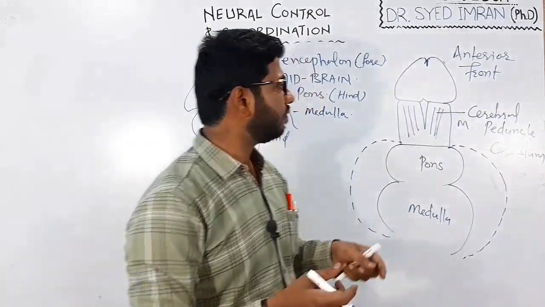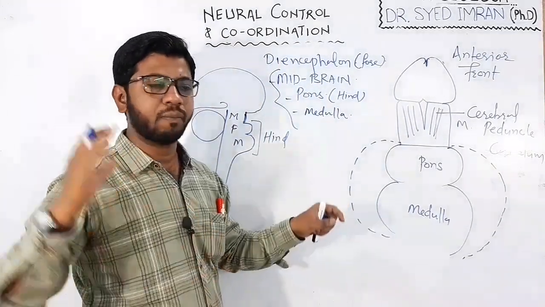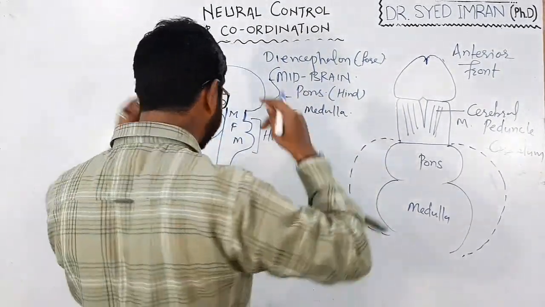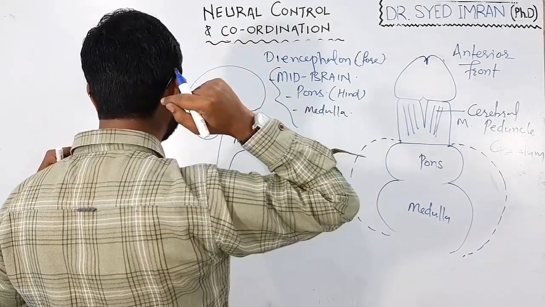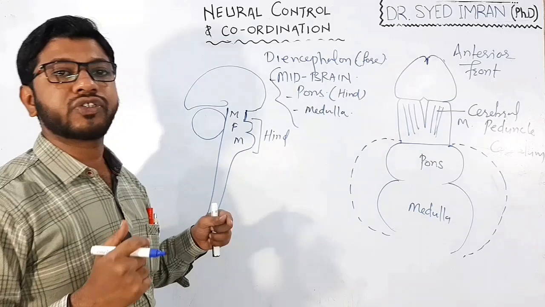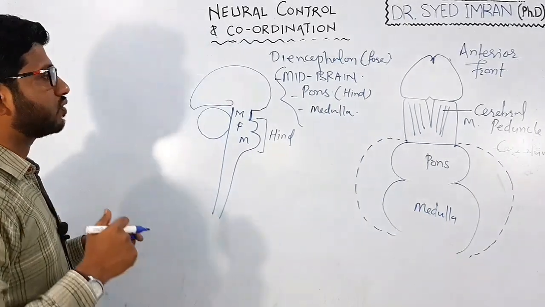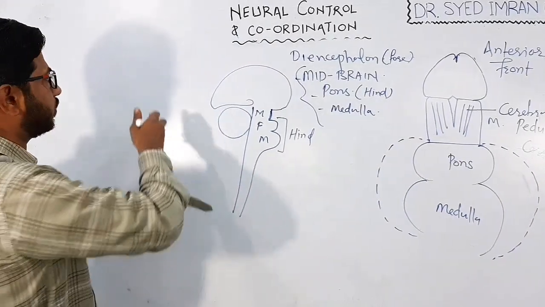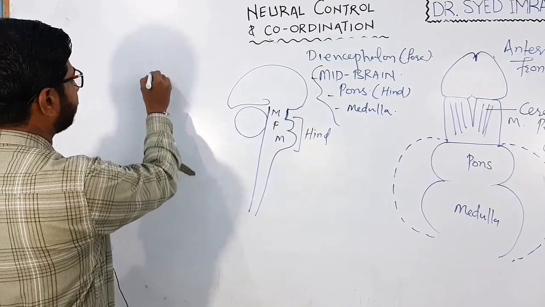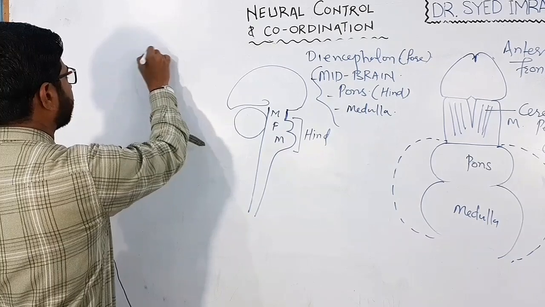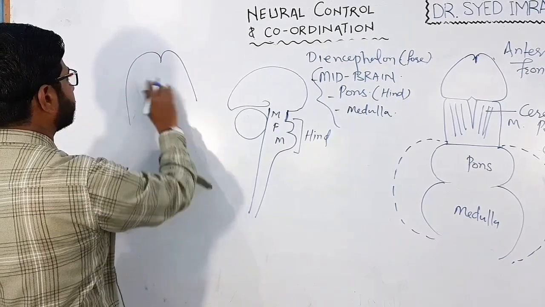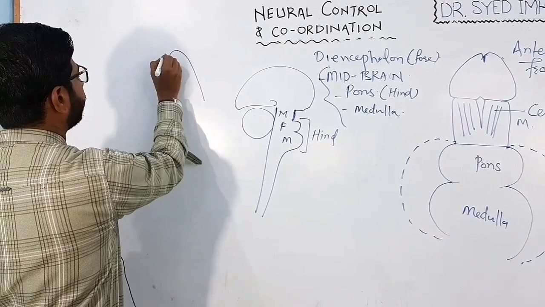Okay. Now when we are observing the same structure from the back side, let us consider this is my back side, and you are observing the midbrain from this view. It is called the posterior location. How is the midbrain observed posteriorly? So let us consider this is again the cerebrum, forebrain.